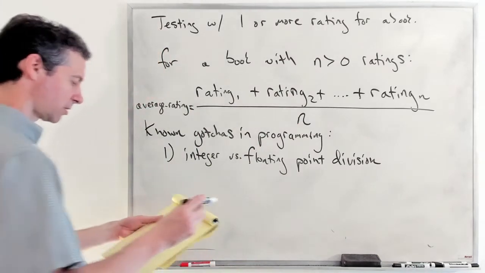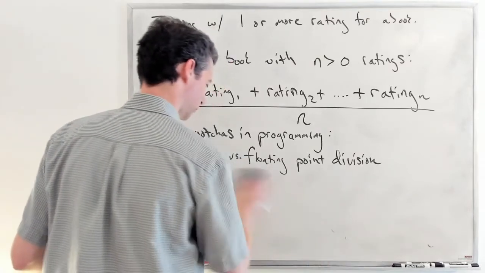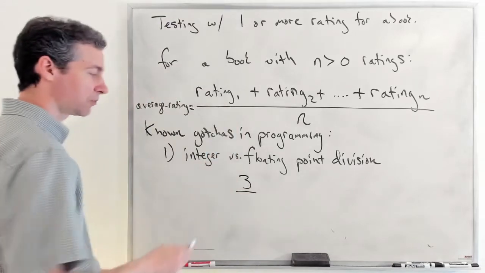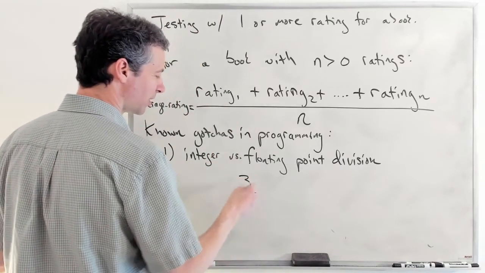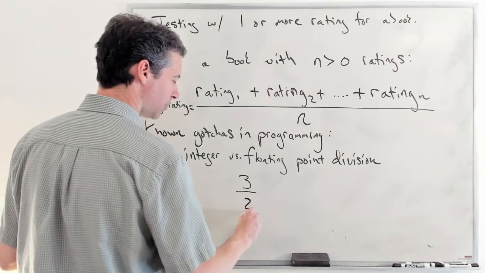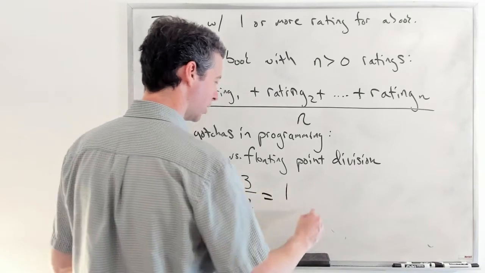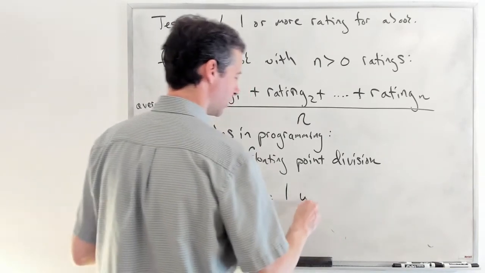So just to make a point, to remind you, let's say the sum of the ratings was 3, and you had 2 of them. Well, this is equal to 1 with integer division.